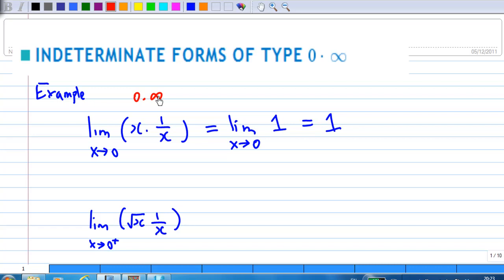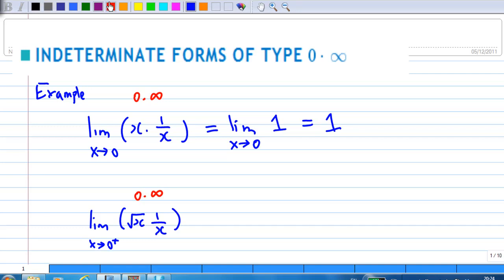On the other hand, consider the limit as x goes to 0 plus of square root of x times 1 over x. When x goes to 0, square root of x goes to 0 and 1 over x goes to infinity, so you also have the indeterminate form of the type 0 times infinity.